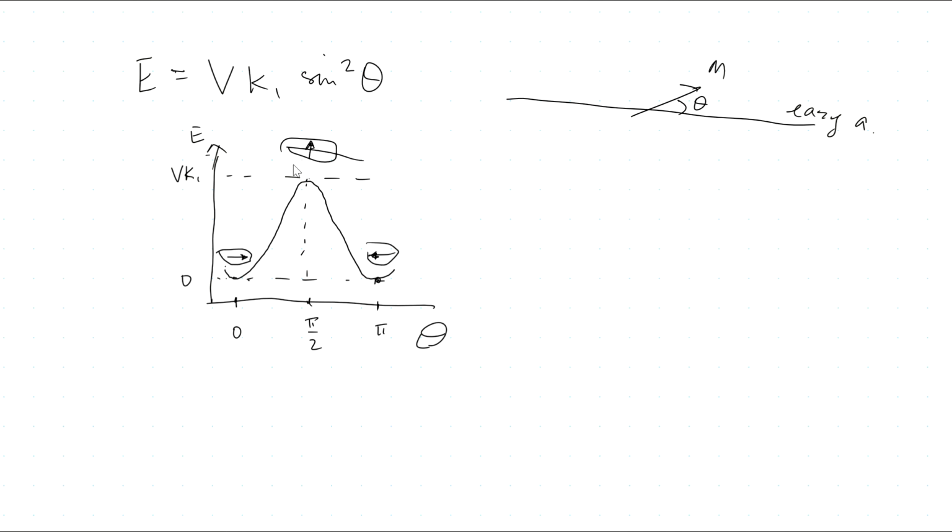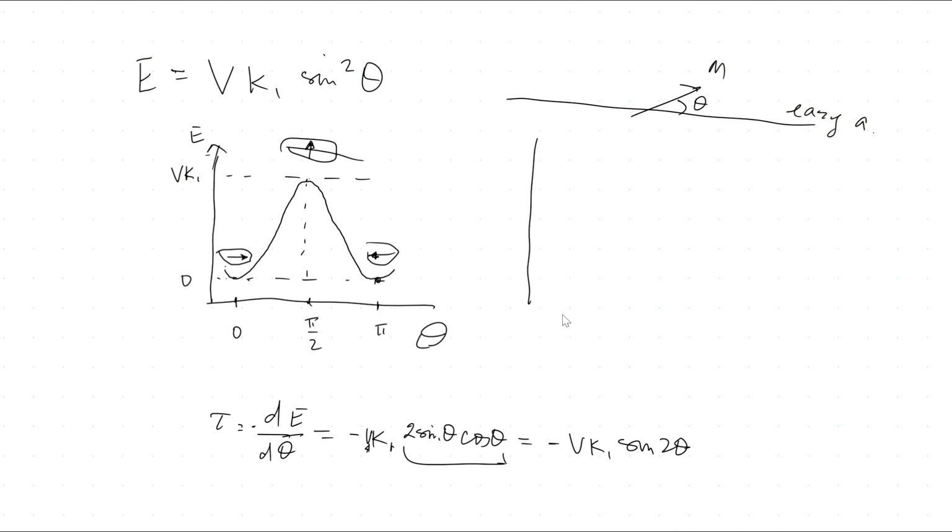Now, if you look at the torque, and if you remember, torque is minus dE d theta. That would be equal to, if you take the derivative, minus V K1 2 sine theta cosine theta, which we can put together as minus V K1 sine 2 theta.